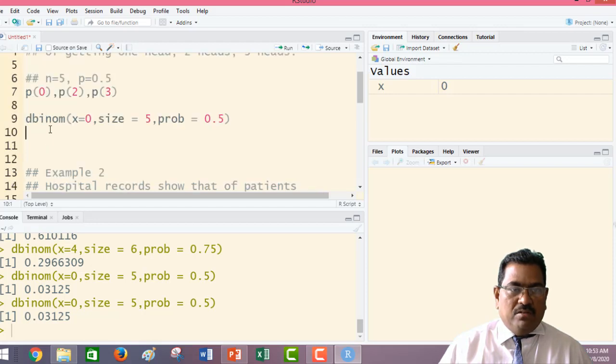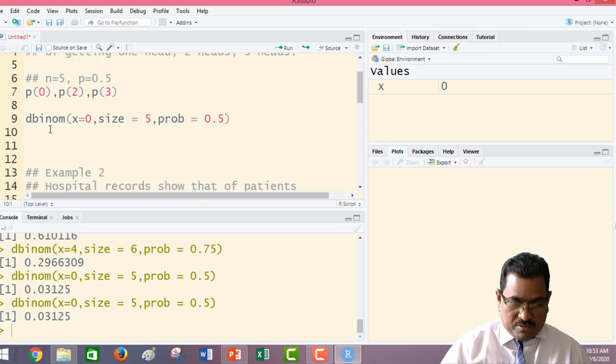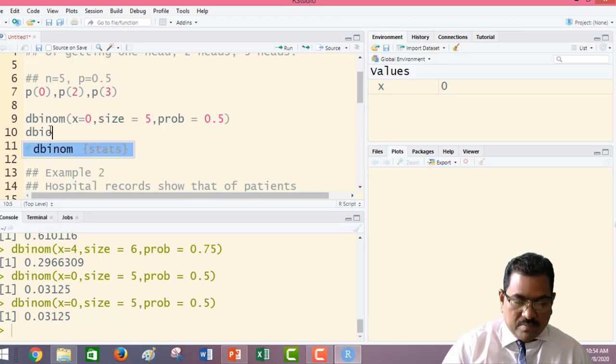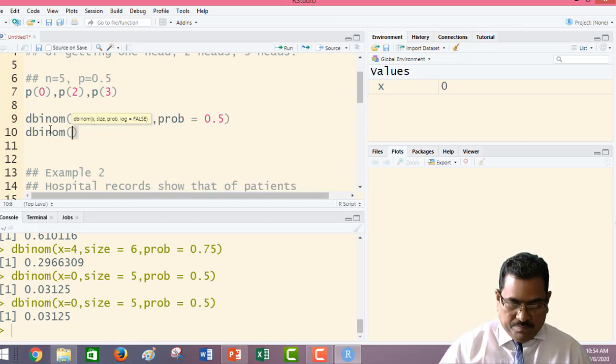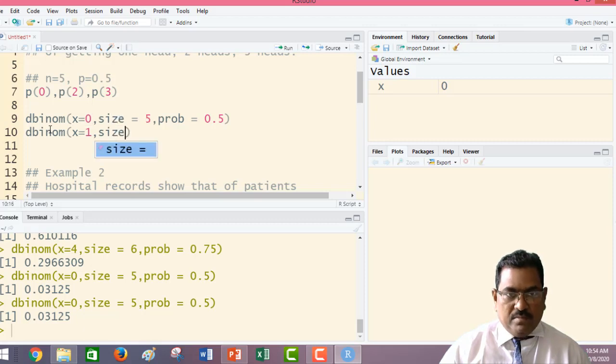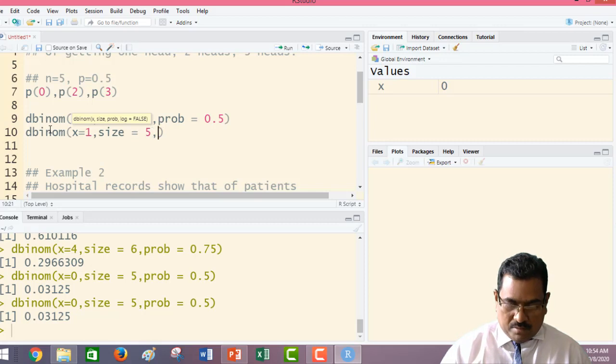And now similarly, for the next one, again dbinom, x equal to 1, comma size, size equal to 5, probability equal to 0.5.